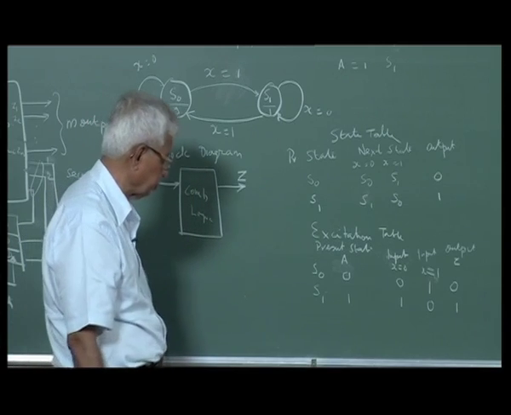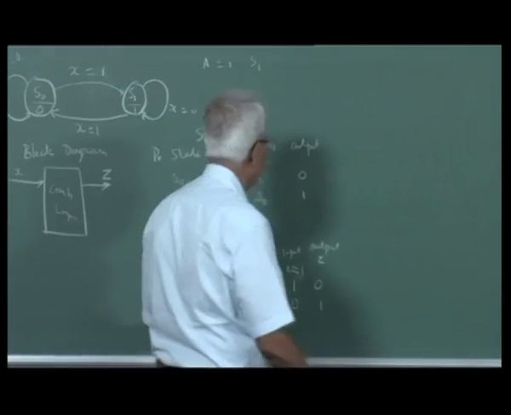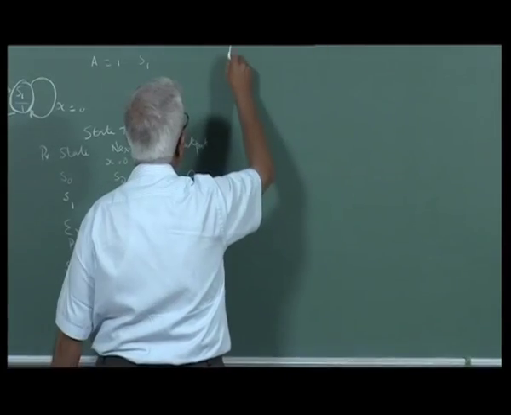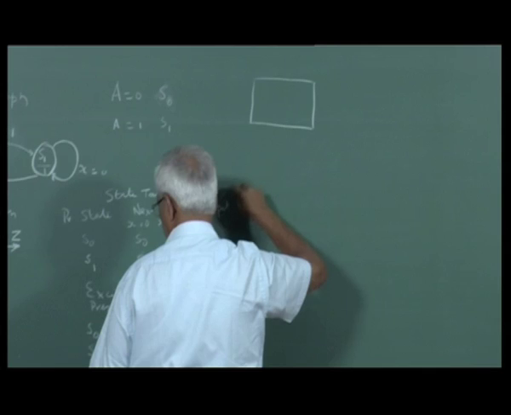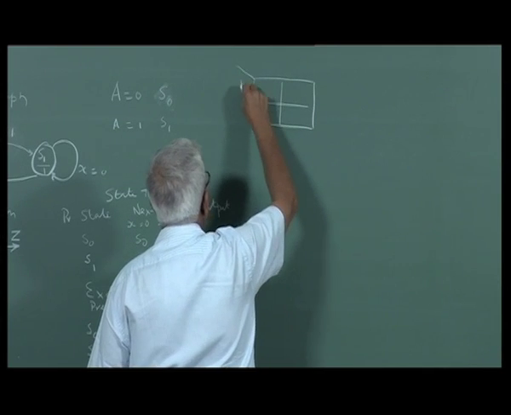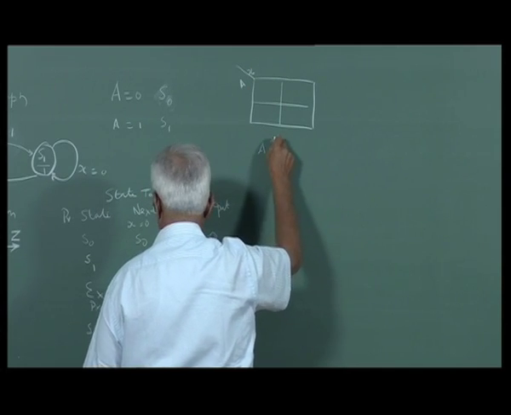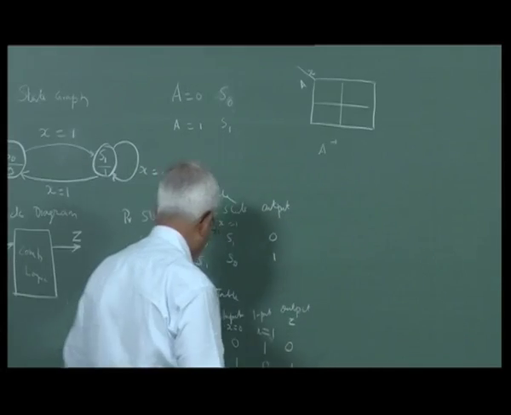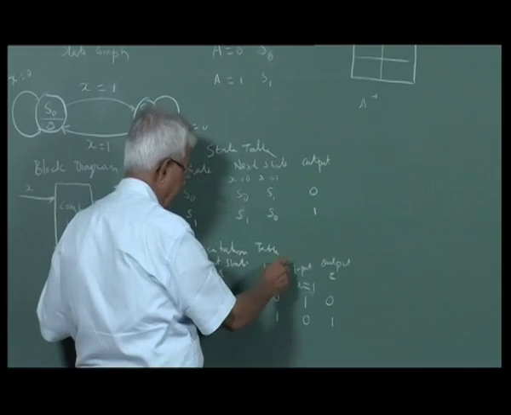So, how do you do that? All I need is a simple Karnaugh map. A and x are the inputs in the map, then the next state A plus. I always told you, present state is marked A and the next state is marked A plus.